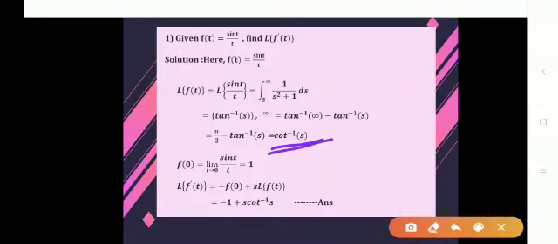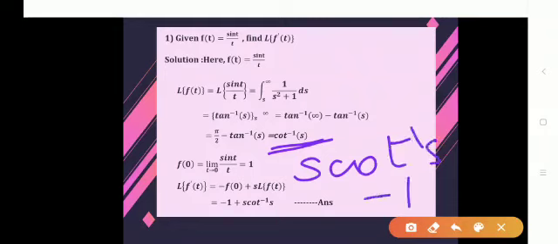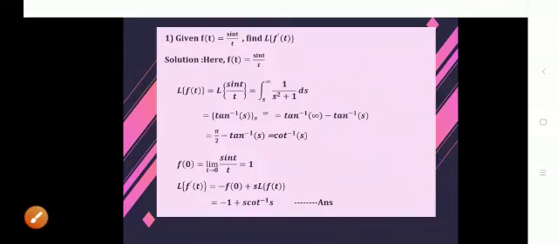So it is minus 1 plus s cot inverse s, or you may write this as s cot inverse s minus 1. You may write the positive term first and then the negative term. Okay. In the same way we have to find the Laplace transform of derivative of the given function. Now we will solve one more example.